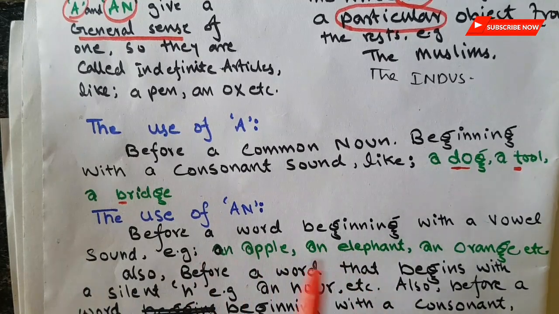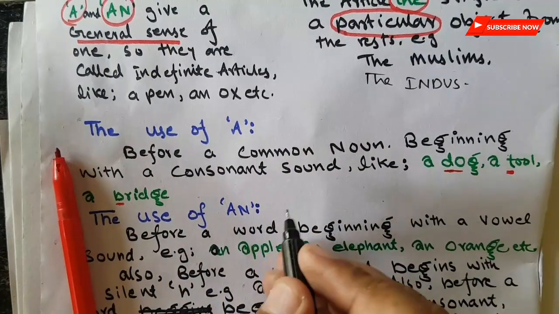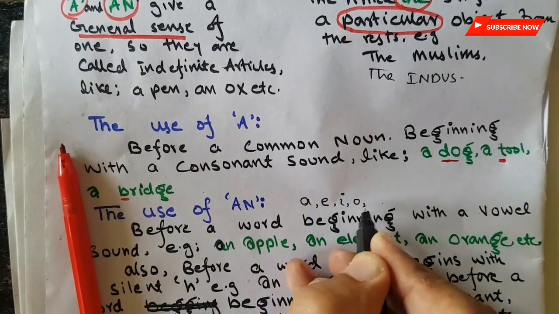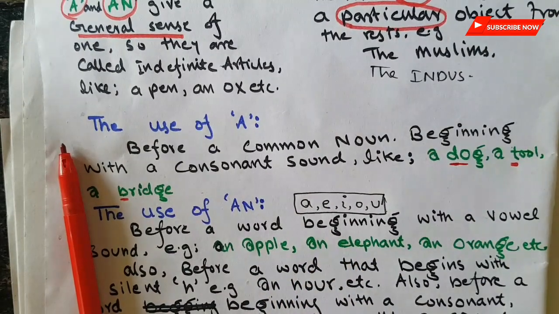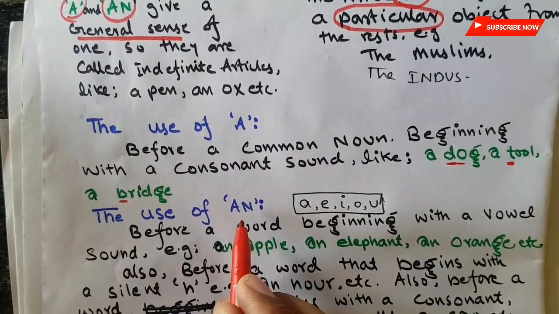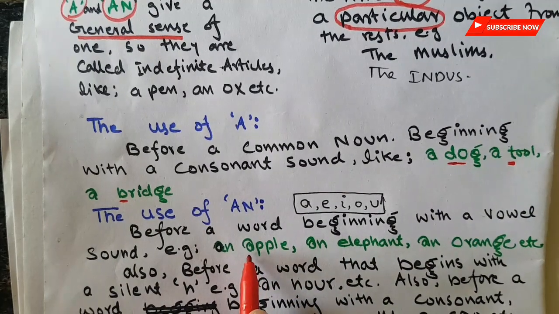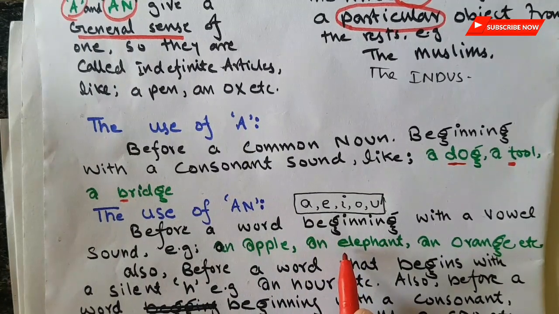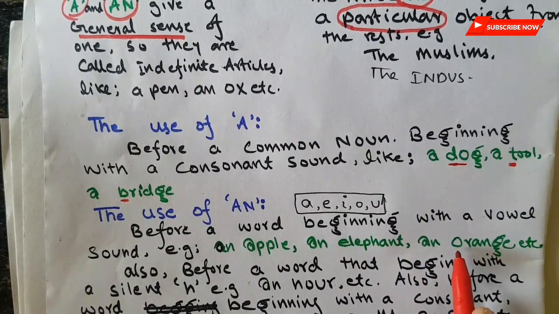As we know, there are 5 vowels in English: A, E, I, O, U. So a word which starts with these letters is considered best suited for the use of AN. Therefore, an apple, A is a vowel; an elephant, E is a vowel; and an orange, O is also a vowel.